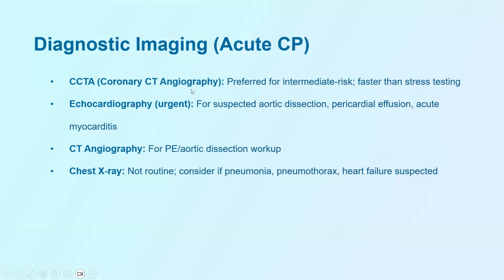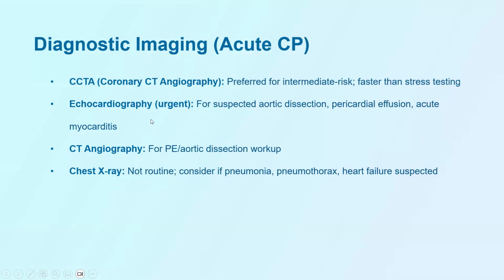It's faster and usually does not make things worse. In intermediate risk, we are obviously worried about them getting an ischemic attack. That's why we would avoid stressing the heart. If there is a blockage, we can cause acute ischemia, and we don't want that to happen.